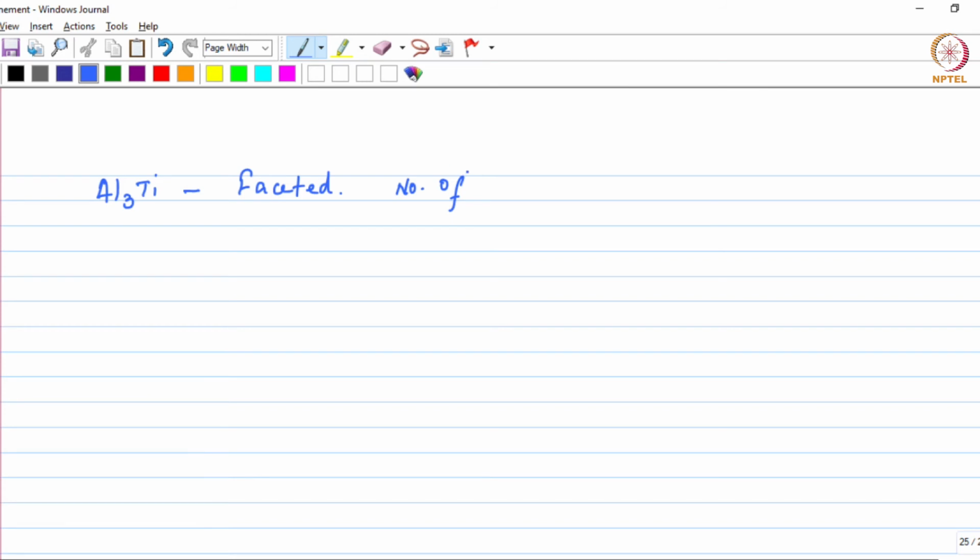So depending on the number of facets that a particular morphology can offer, the efficiency of the grain refinement will change, right?